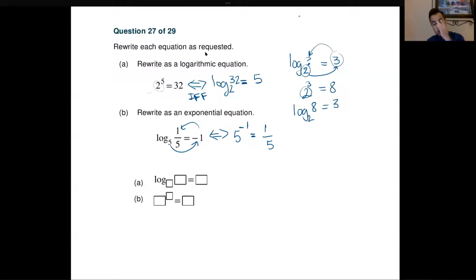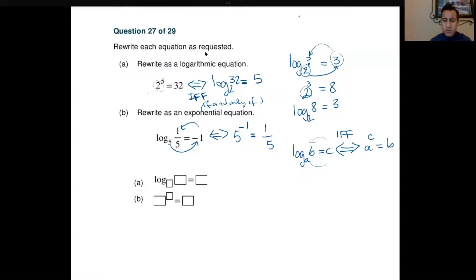And so in general, this definition here can be stated as if you have log of, let's say, b base a equals c, and of course, this stands for if and only if. So if and only if, you see the a power c equal b.